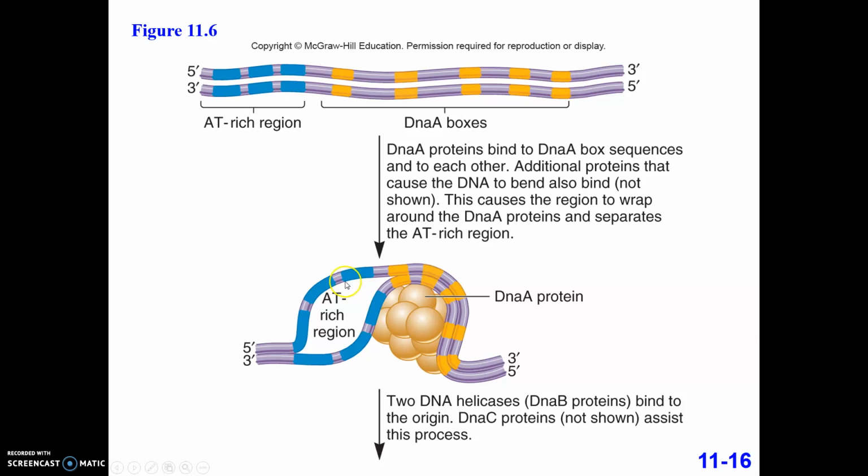The reason why this needs to be AT-rich is, if you can remember or recall, A's and T's bind to each other with 2 hydrogen bonds. G's and C's bind to each other with 3. The more hydrogen bonds you have, the stronger it is. So here, what we essentially have is an area of weakness that is easier for the 2 strands to separate.